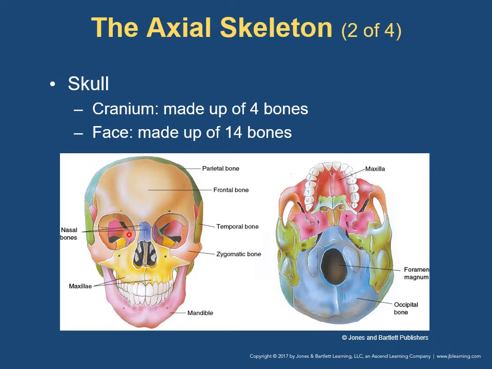So your orbits, if you'll notice here, all the different colors are coming together. And that is actually made up of bones from the zygomas, the maxilla, the frontal bones of the cranium. All those fuse together to create your orbits or your eye sockets. And then you have very short bones here that form the bridge of the nose.